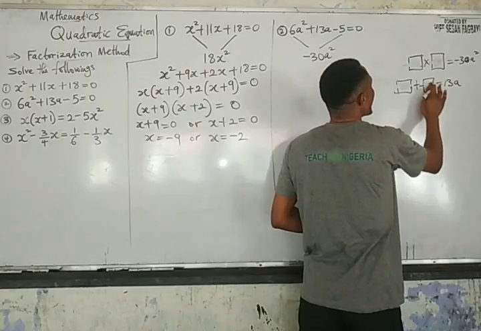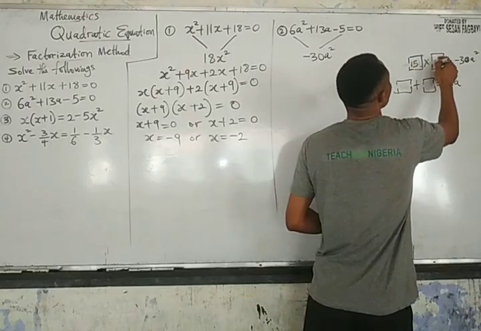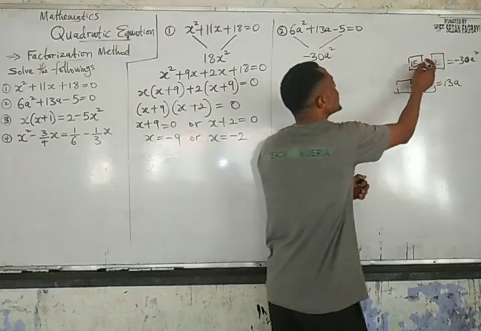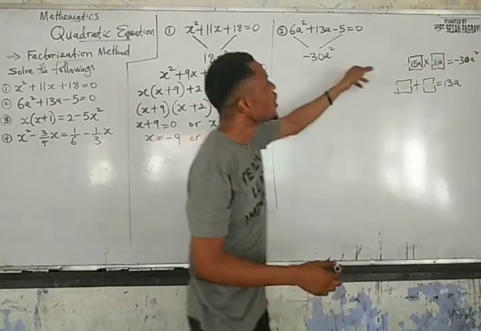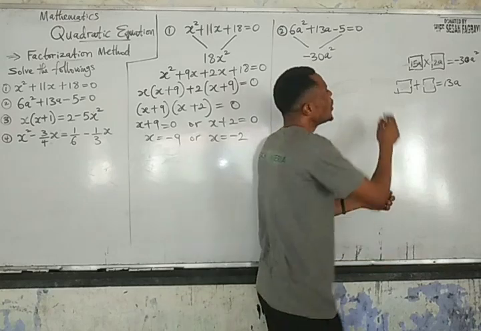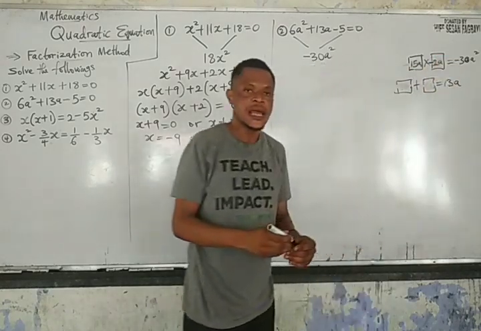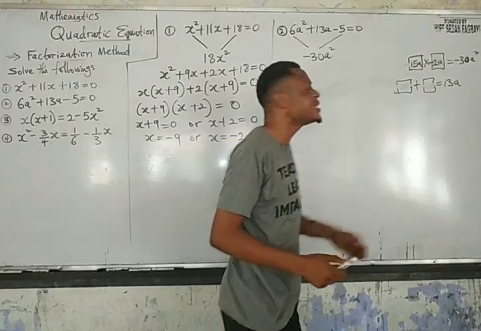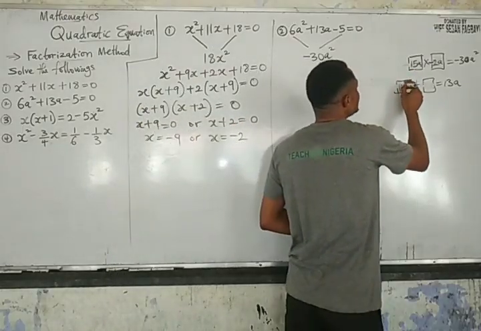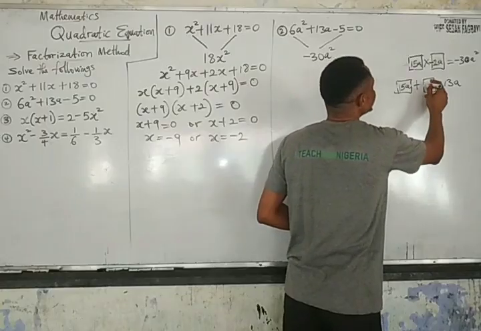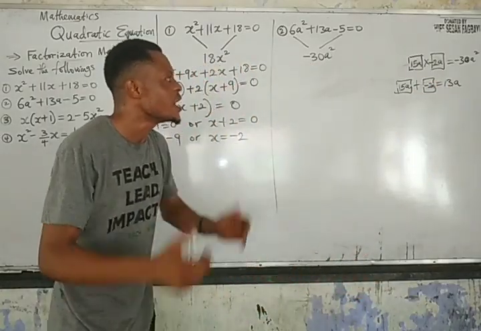So 15 and 2, 15a multiplied by 2a will not give me minus 30. But if I put the minus in front of 2a, it will give me minus 30a squared. Furthermore, let's see if 15a and minus 2a will give me 13a.